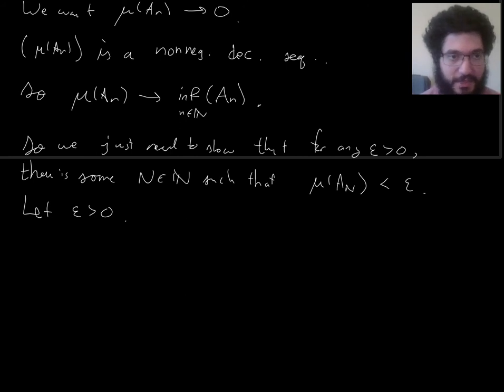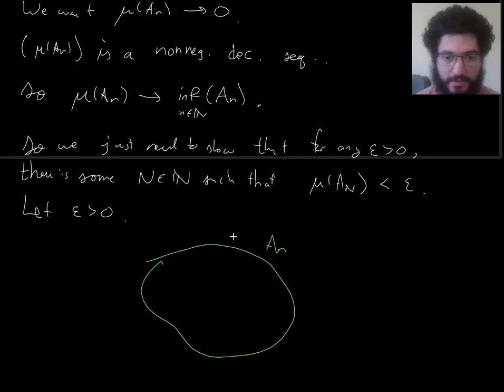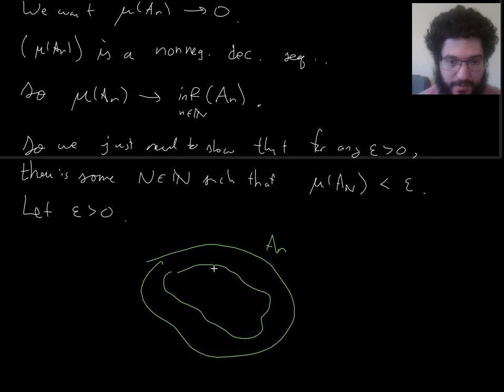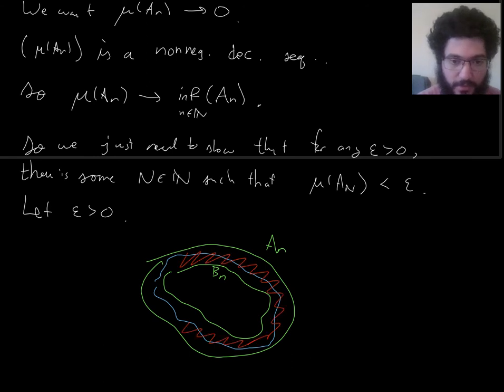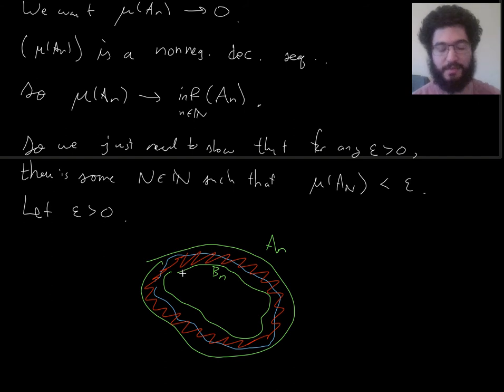So how about I start with a picture? Since K is an approximating class, for each one of these a sub n's, so let me just focus on a particular one in this picture, for each one of these, and for each choice of epsilon, like this one here, or any choice of epsilon for that matter, there's going to exist some other thing, like b sub n, which is in the algebra of sets, and then also something from the compact class that can get stuffed in between, such that the area or measure, whatever you want to call it, the mu here is less than epsilon, or less than whatever positive number we pick.